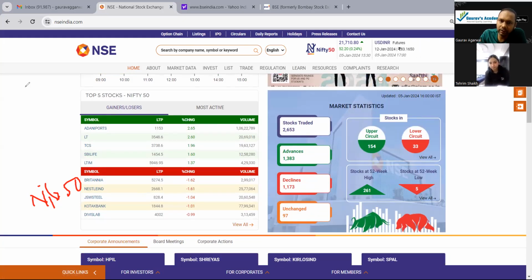You can see Adani Port, LT is Larsen and Toubro, TCS is Tata Consultancy, SBI Life and L&T IM. So these are the top gainers which are a part of Nifty 50. And then the losers were Titan, Nestle India, JSW Steel, Kotak Bank and Divi's Lab.